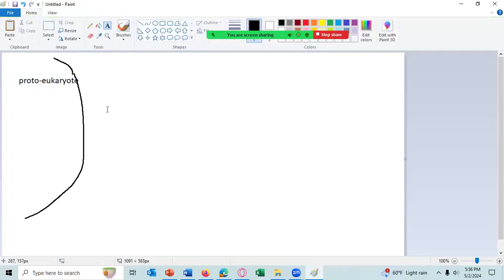This is a cell before becoming a eukaryote. It had no mitochondria or chloroplasts. It may have had other membranes, but it was a large cell. And this large cell engulfed a small cell that was a bacteria.